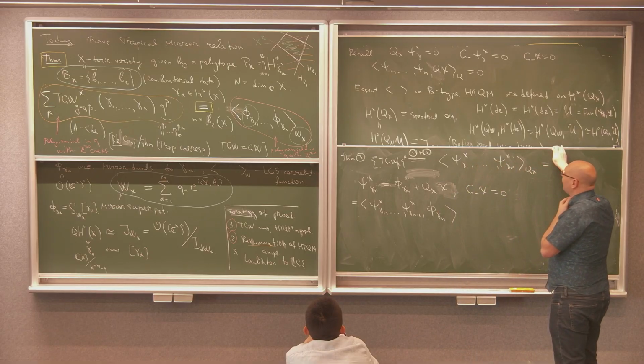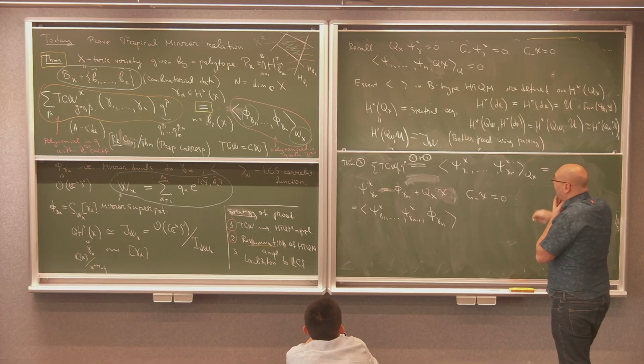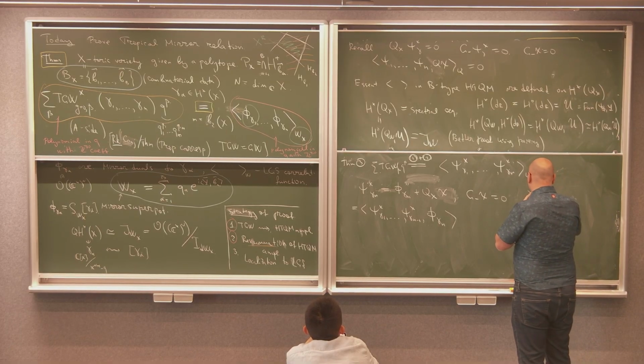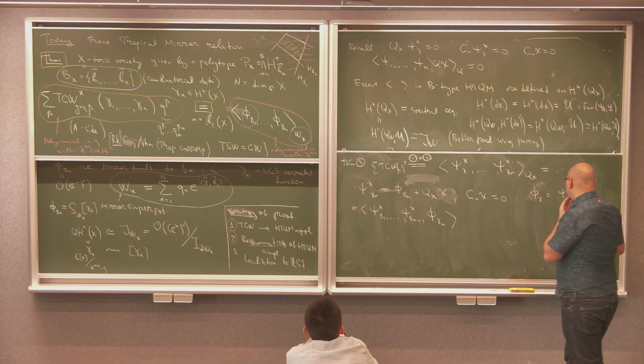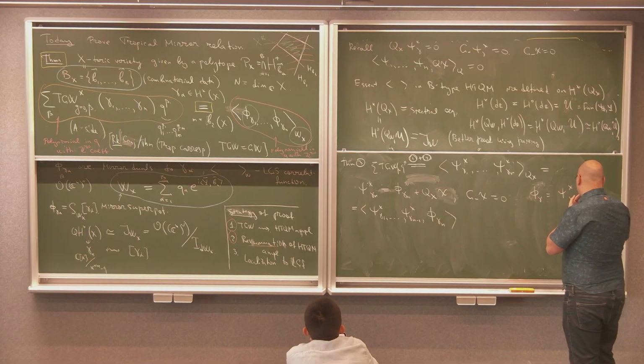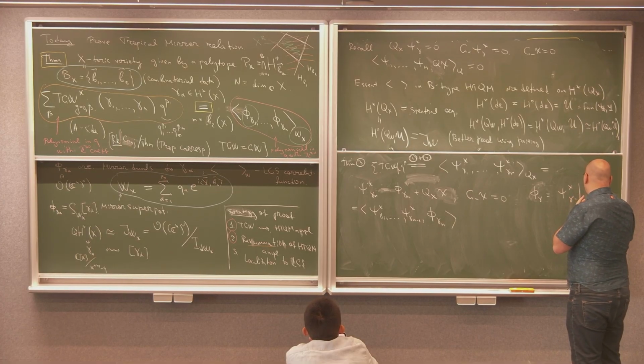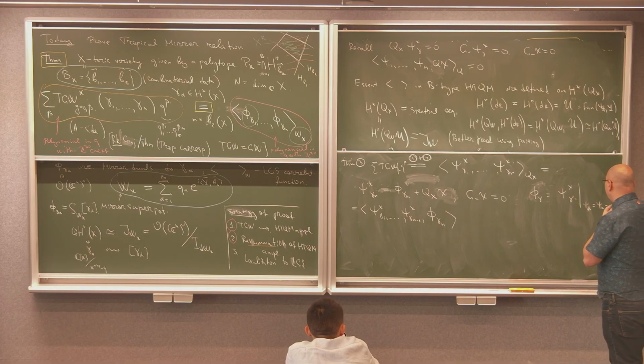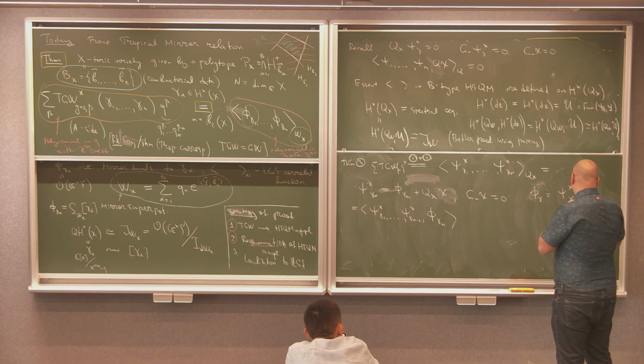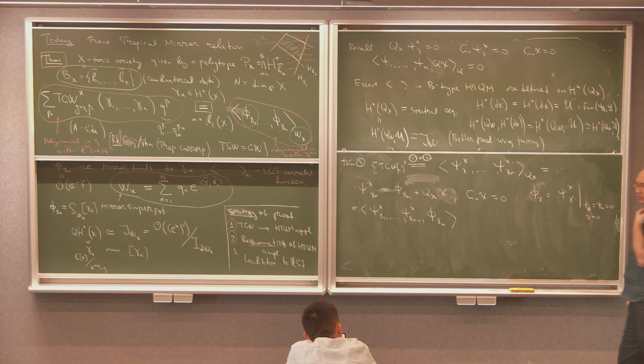So that's where the pairing is important. Technically, using this pairing argument, phi gamma is the following. We construct psi gamma x, and then this pairing tells us that we can restrict to psi equal to 0 and r equal to 0.